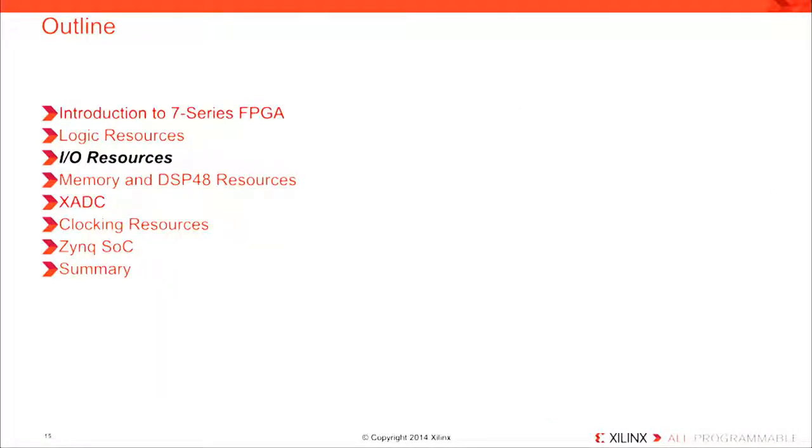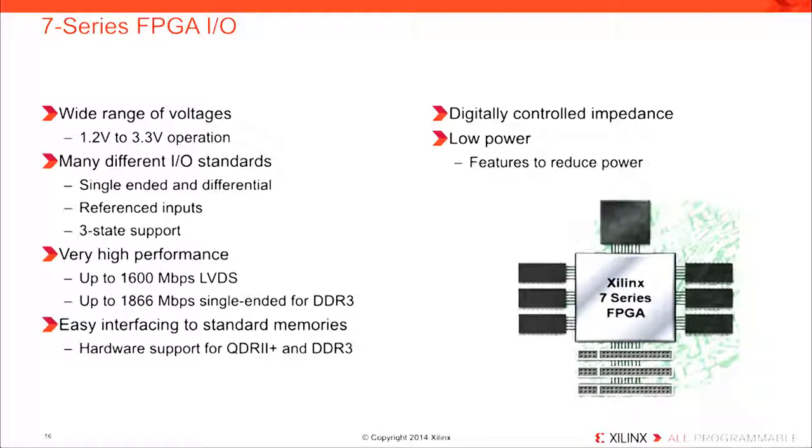Let's look at I/O resources. So I/O resources wise, we have many I/O pins on the chip, right? And as I mentioned in the earlier slide, they range from anywhere from 1.2 volt to 3.3, right? And so you can configure them to whatever voltage, whatever the standard you want through I/O configuration.